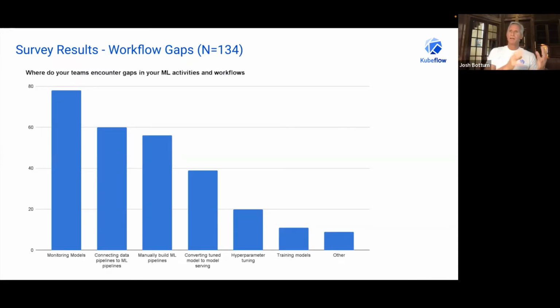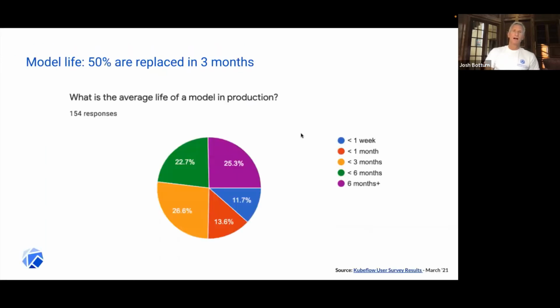I'm trying to bring in my data, transform it, get it ready, and then put it into an ML pipeline. Manually building pipelines, having to manually build all the separate Docker containers, can be cumbersome. We're going to show in the demo how we can simplify that through a tool called Kale. Converting tuned models into served models, hyperparameter tuning and training models. So that gives you an idea of some of the gaps.